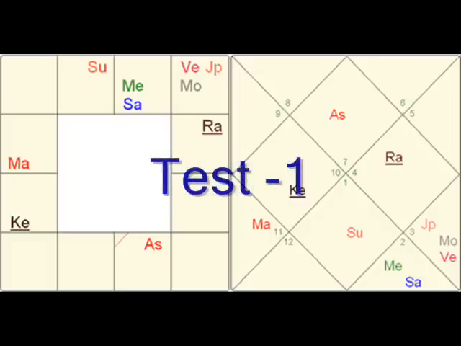Let me give a small test to you. I will just remain silent for 30 seconds and then I will give you the answer. So you can see the South Indian and North Indian Vedic birth charts. Can you tell me where the ascendant lord is placed?